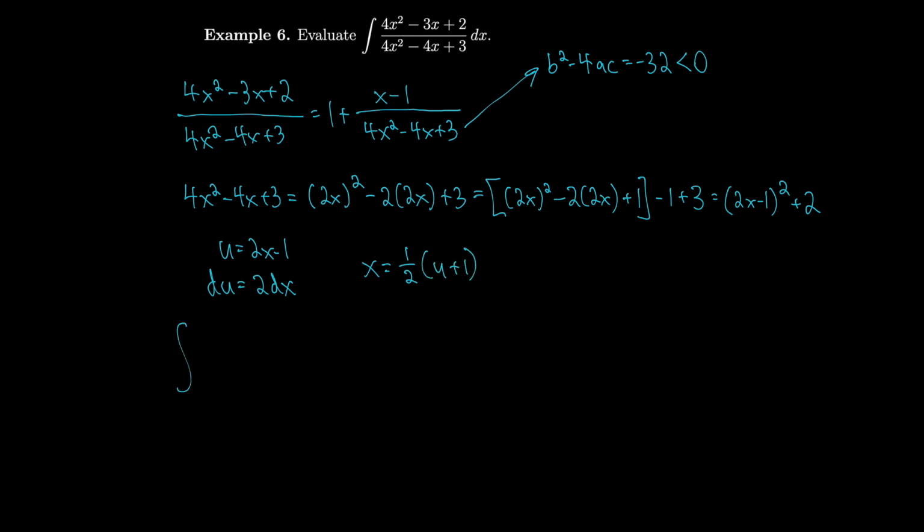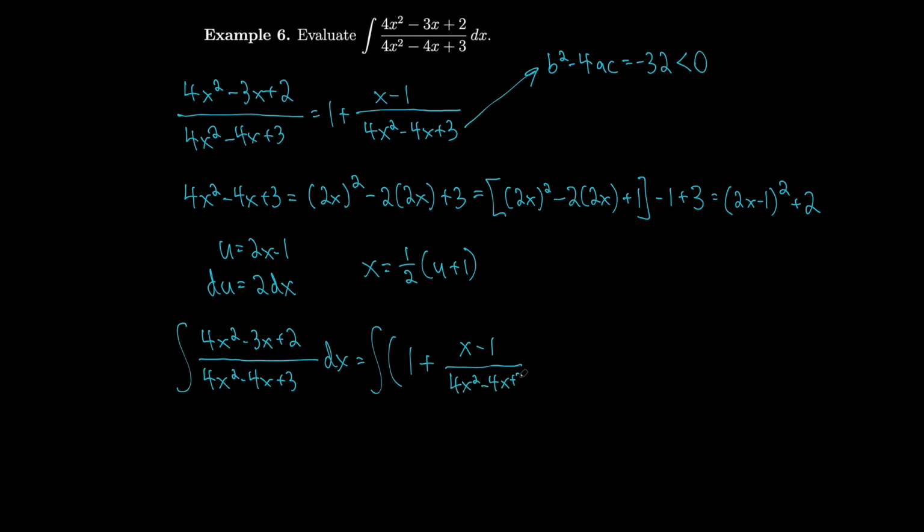So then our integral of (4x² − 3x + 2) / (4x² − 4x + 3) is equal to the integral of 1 plus (x − 1) / (4x² − 4x + 3), assuming you did your long division correctly.